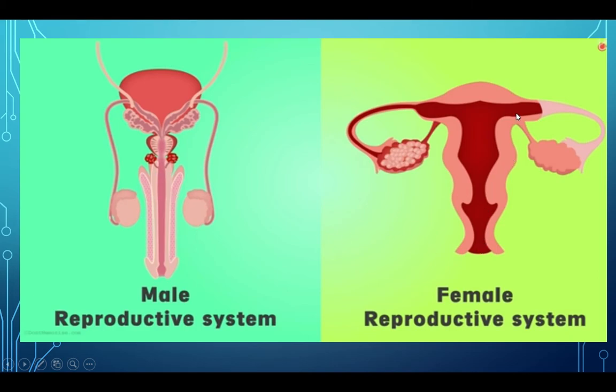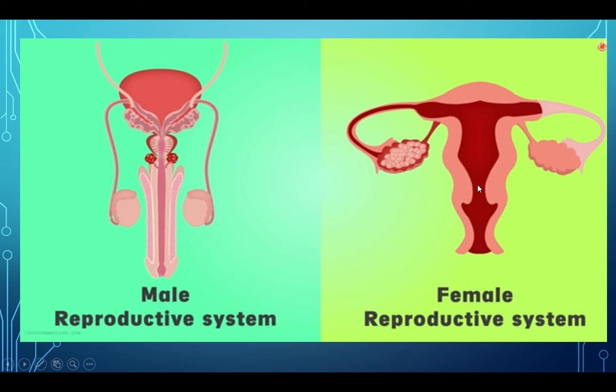Coming to the female reproductive system, a pair of ovaries produces the ovum. Ovum is the egg. That egg is picked up by the fimbriae and moves through the fallopian tube and comes to the uterus, and there implantation takes place and the fetal development takes place in the uterus.